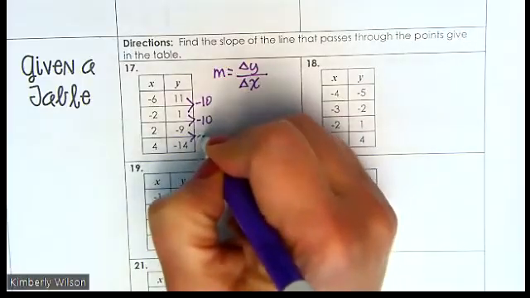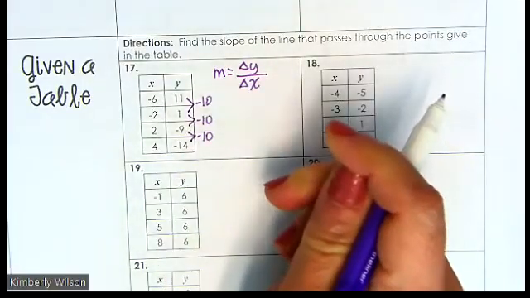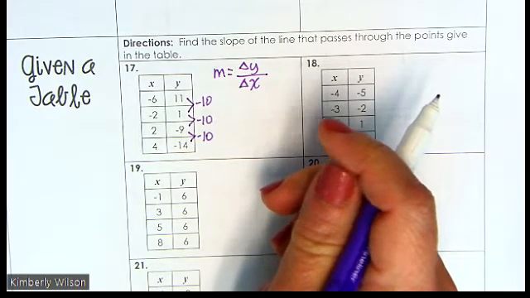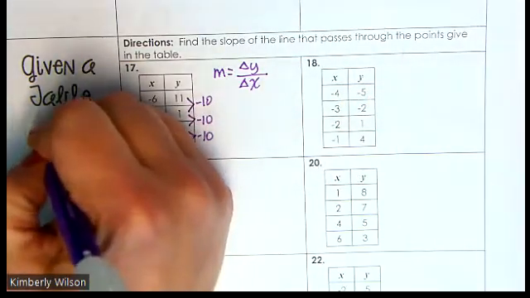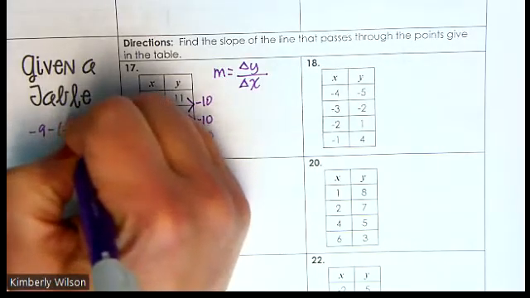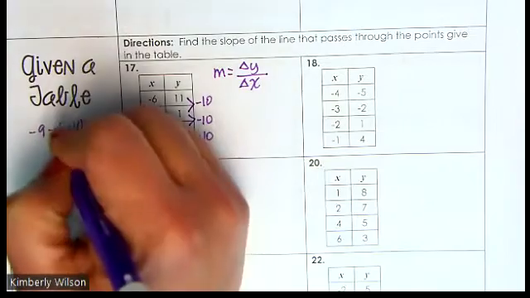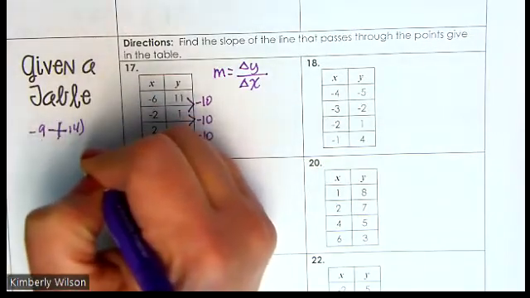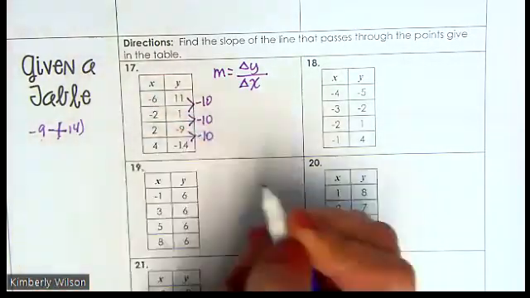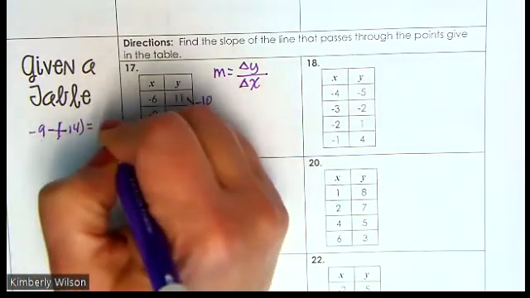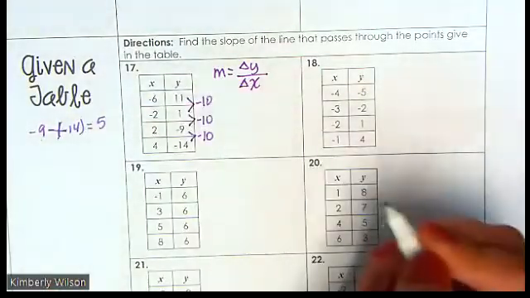I'm going down from -9 to 14. That means I'm doing -9. So that's plus. So that's going to give me equals 5.